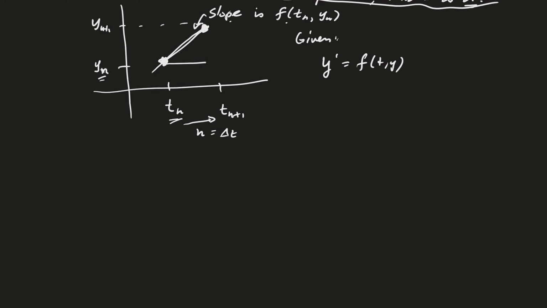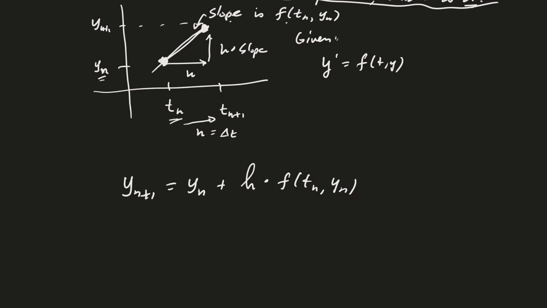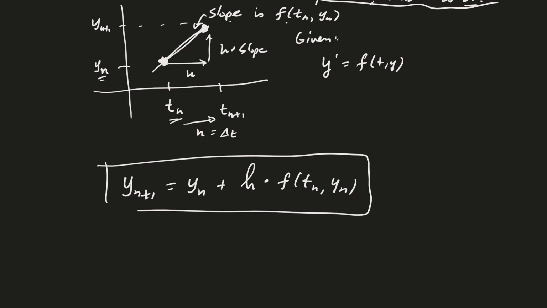Well, if I move forward by h units, then that means I go up or down h times the slope, right? That's how a line works. And so what we get here from that formula then is that yn plus 1 is equal to yn plus h, maybe I'll make my h more of a script h to distinguish it from n, times f of tn, yn. Good. So this is Euler's formula, or Euler, not formula, but method. Euler's method.